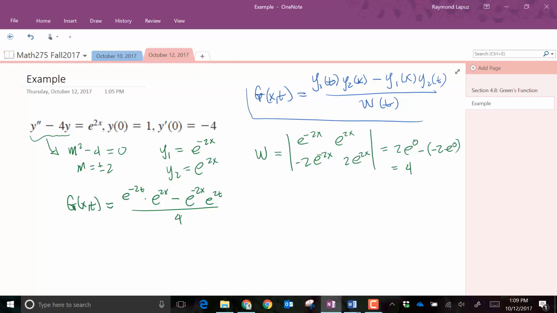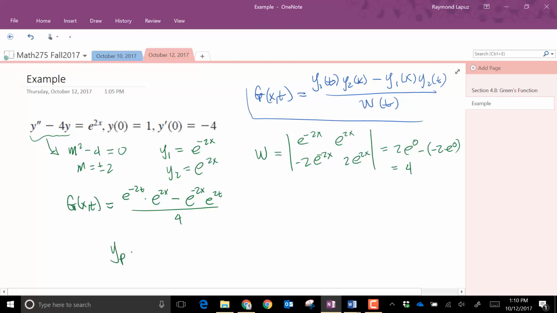So, wow, that's it if I was asking for Green's function, but you want to solve for this, so let's see. We have to now put this into the integral to get our particular solution.